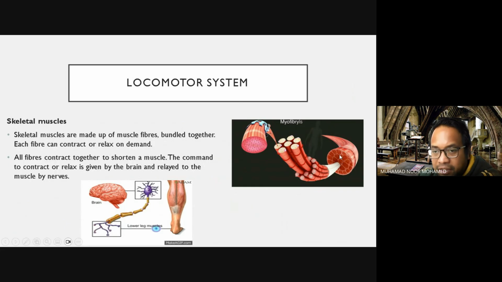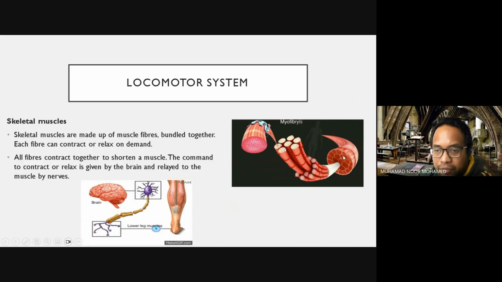Okay, and within the fascicle, we have fibers. This is known as fibers, and within the fibers itself, we can come up with myofibril, where the most simple building block of it consists of two things, which is actin and also the myosin.